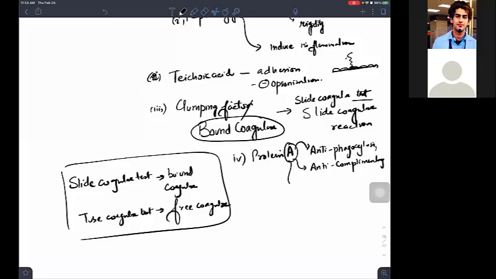The other thing is, this protein is chemotactic. If it is chemotactic, will it attract the chemicals, the mediators of inflammation? So remember the function of protein A: A means antiphagocytic, A means anti-complementary, and chemotactic. It will augment chemotaxis.